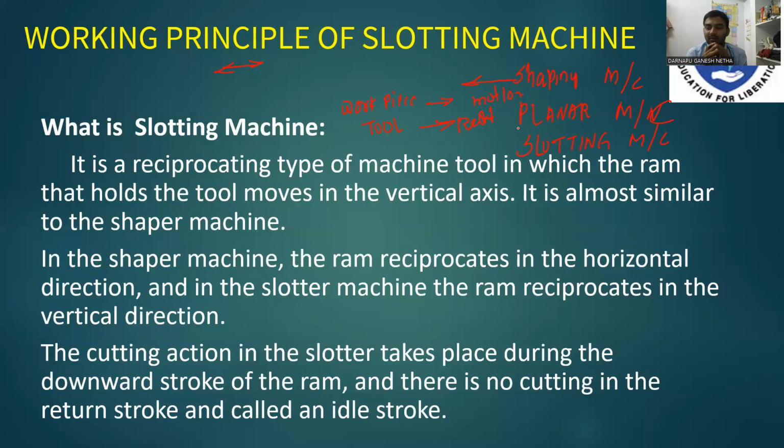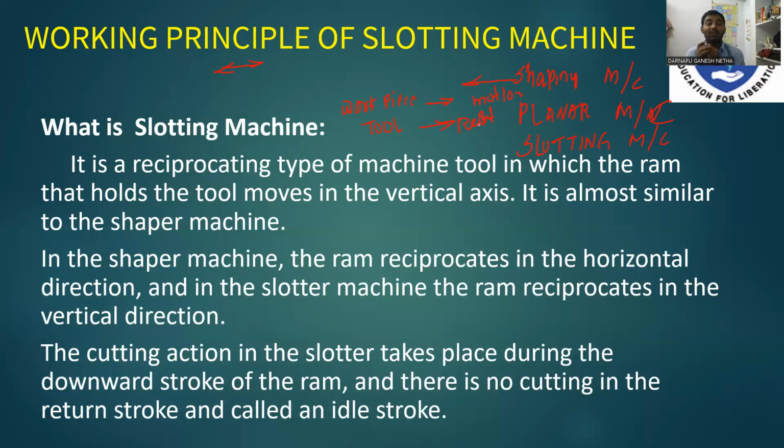Whereas coming to the slotting machine, the working operation is the same as the shaping machine. That means the tool is in motion and the workpiece is in the rest position.